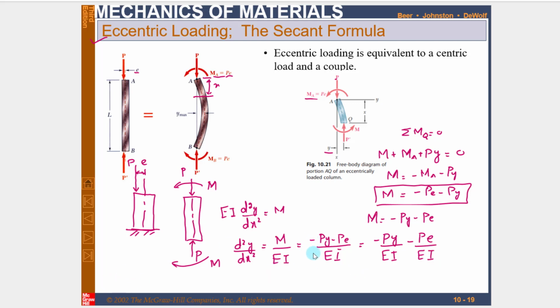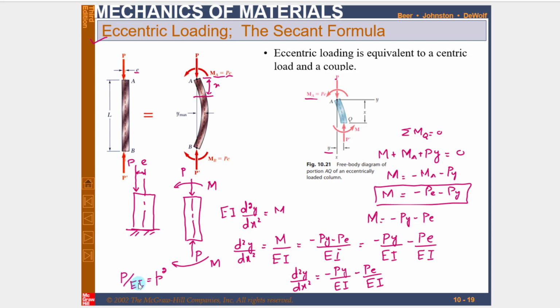So it means that d²y over dx² will be equal to minus Py over EI minus Pe over EI. If I recall from our previous lecture, we said that P over EI is equal to small p squared. That was discussed in our previous lecture.